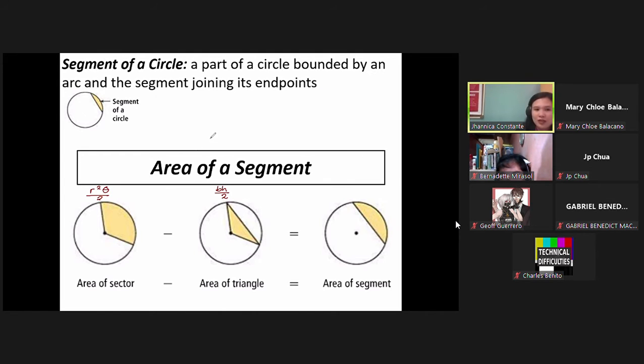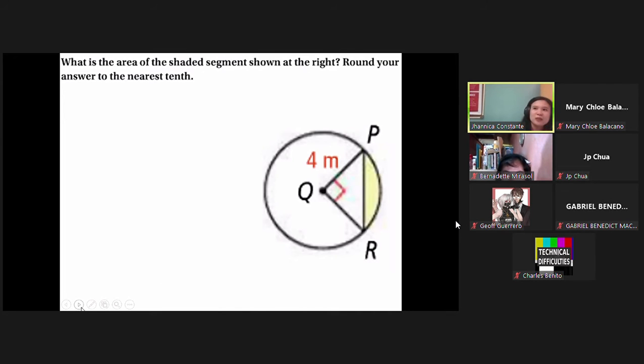Now with this slide, for example, we have a circle Q with a radius of 4 meters and an angle which is 90 degrees. And we need to find the area of the segment which is shaded in our circle.